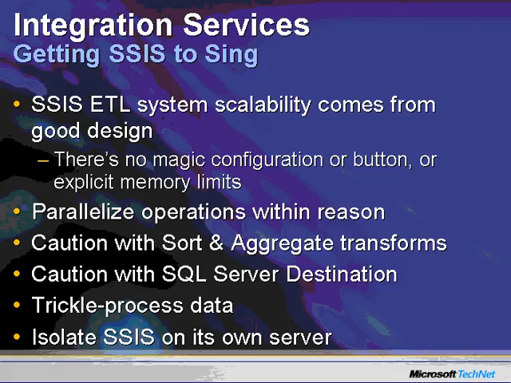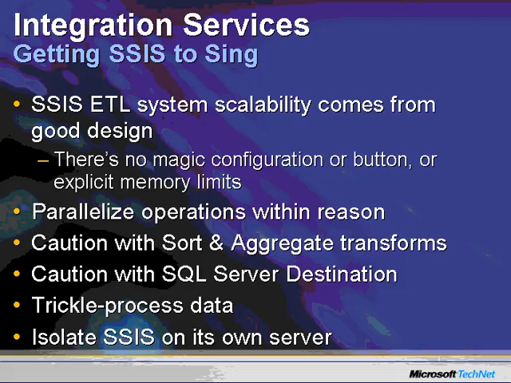I do want to emphasize two features of Integration Services that you should be aware of. First, Integration Services has built-in transforms for sorting and aggregating data within Integration Services. Now these transforms perform great. They really perform well up until the point when they don't.